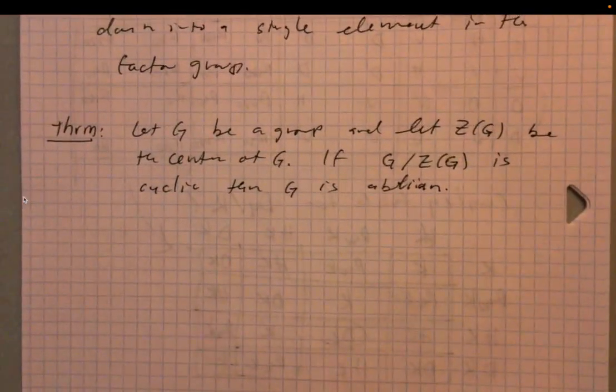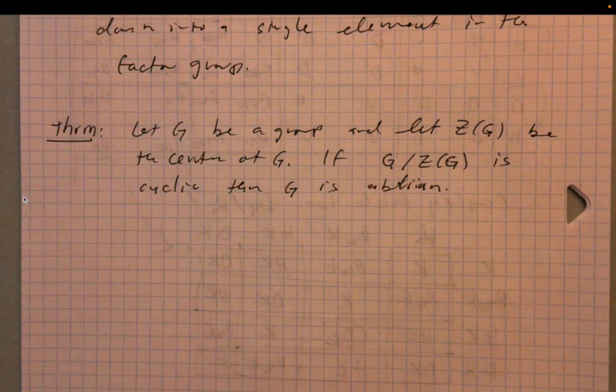Right? So if I have a group G and I can easily identify the center of G, then I can determine whether or not G is abelian by whether or not G mod ZG is cyclic. So that's interesting. It tells me something about the larger group G just based on the factor group G mod ZG.